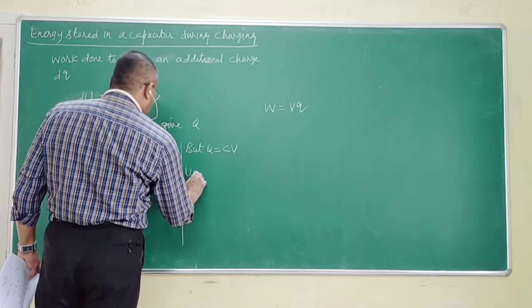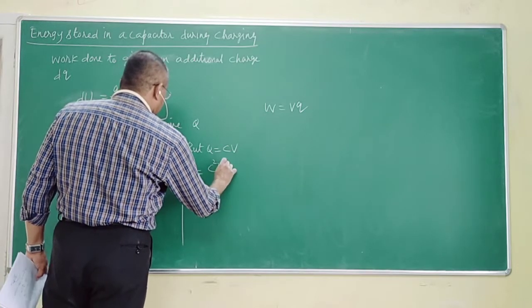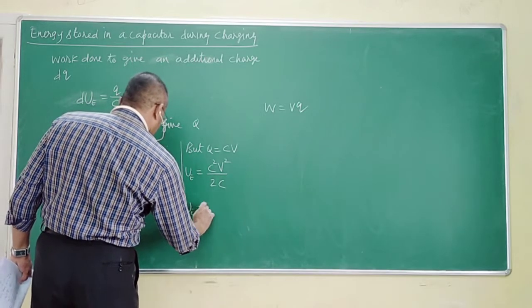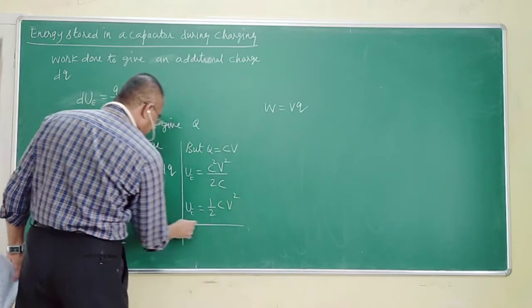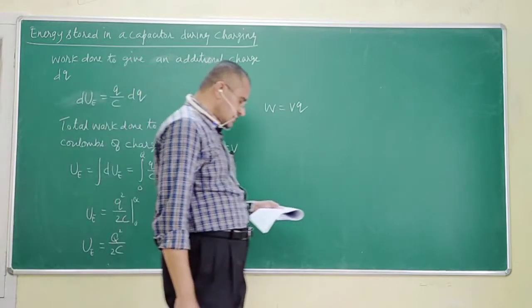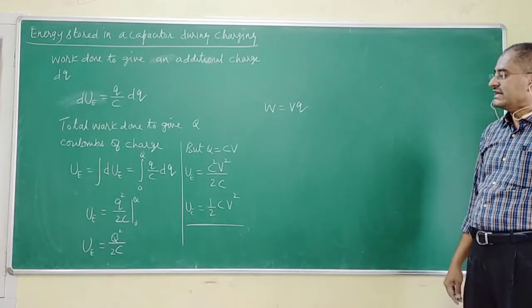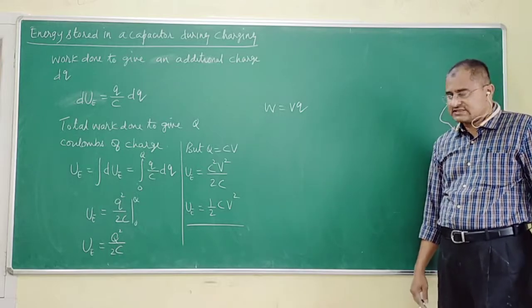Therefore, U_E will be equal to C squared V squared by 2C, or U_E is equal to half CV squared. This is the energy that is stored in a capacitor during charging. Is that okay to you?